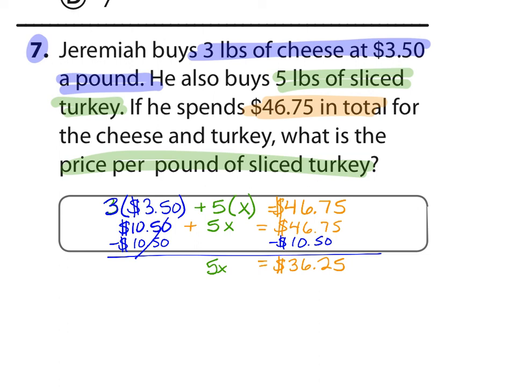That's all the price of the turkey. And since we know the price for all of the turkey and we want to find out the price for 1 pound, we'll divide by the number of pounds, 5, to get X. So X is $7.25. So that is the price per pound of turkey.